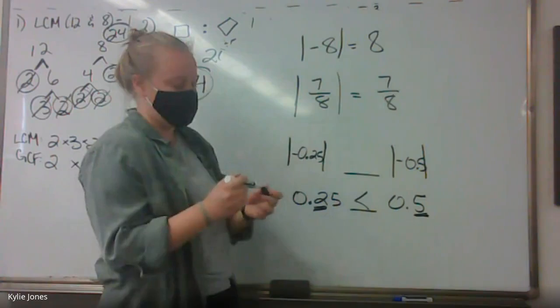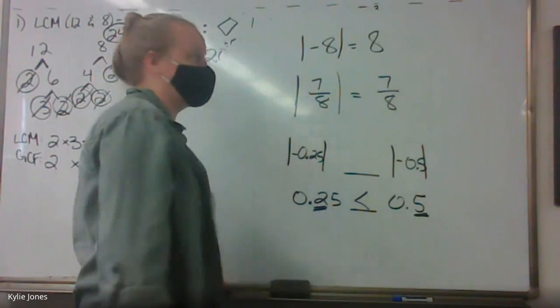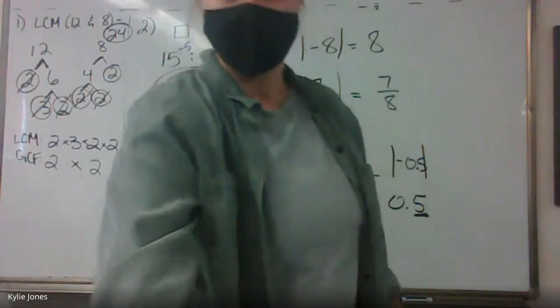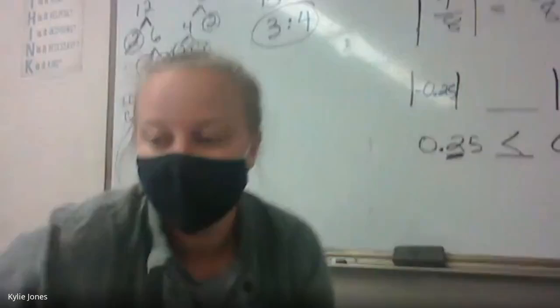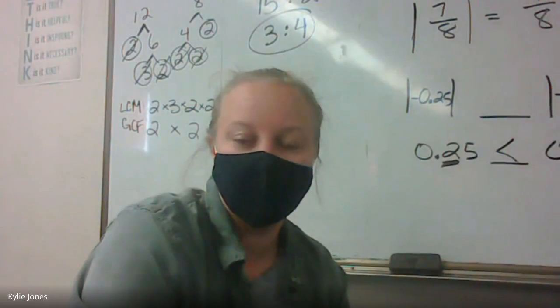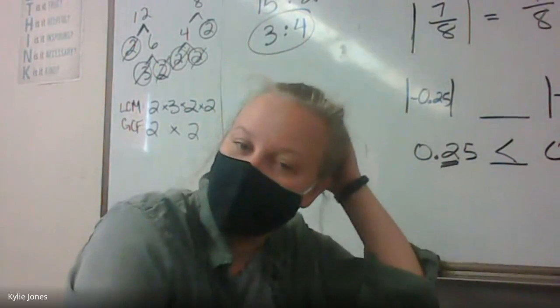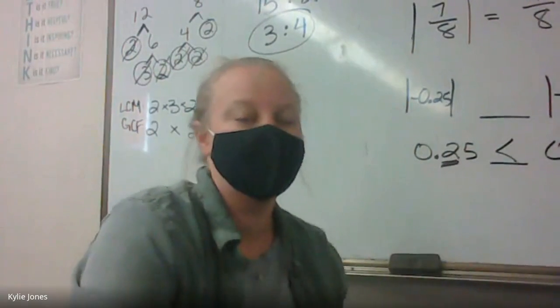Let's do, we have another PowerPoint that's kind of like some interactive notes. So we're going to work on that now. Let's take this down and sit. Okay, so I'm going to share my screen and get it pulled up. It should be posted on Google Classroom.